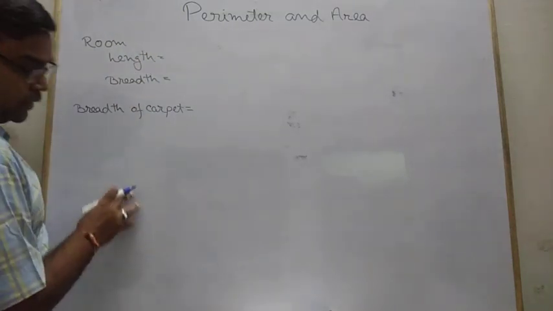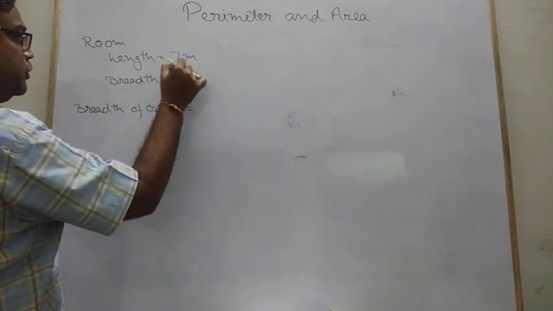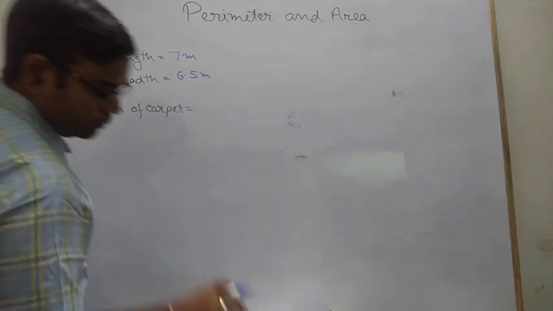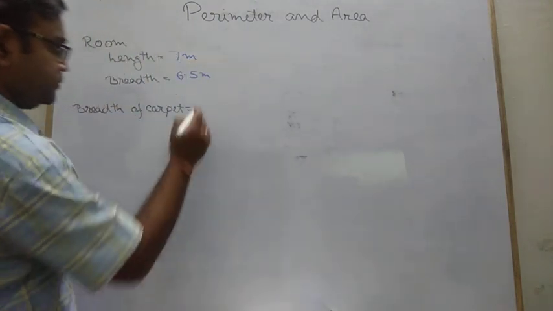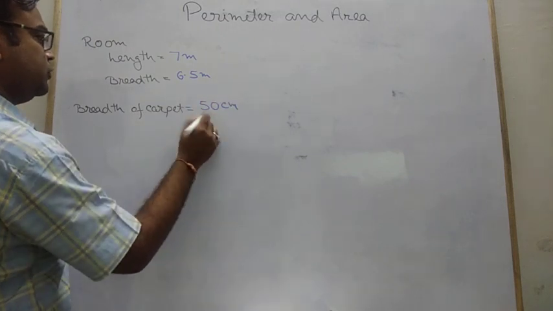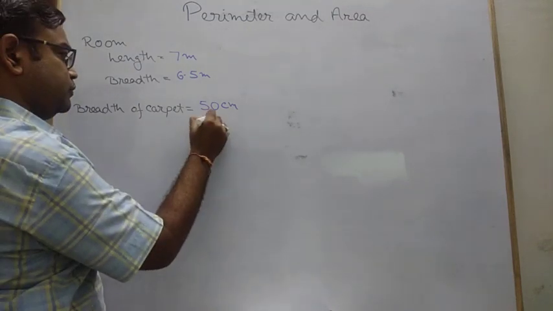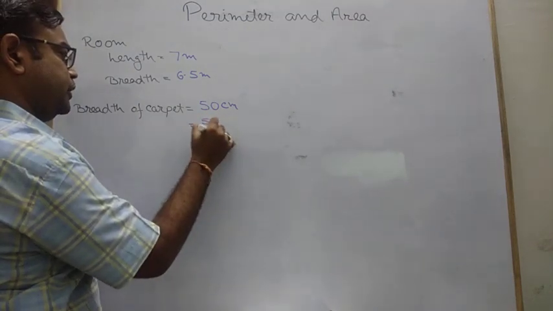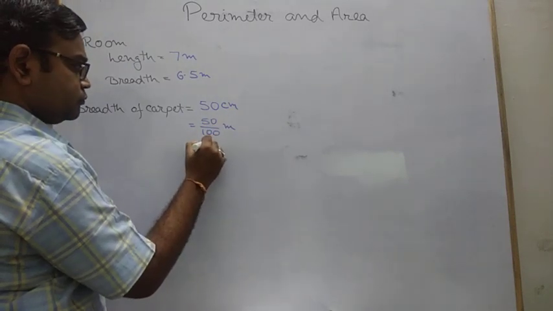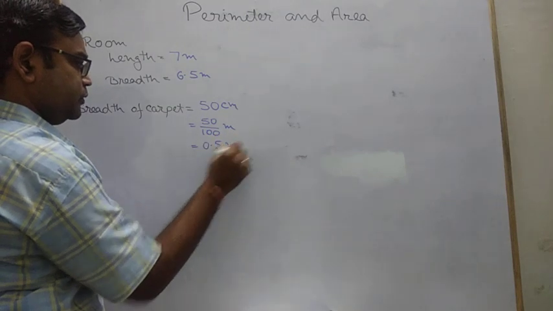So length is given 7 meter, 6.5 meter approx square room, and breadth of carpet is given 50 centimeter. This time I am going to change this into meter. So 50 centimeter means 50 by 100 meter, or 0 cancel 0.5 meter. Clear?